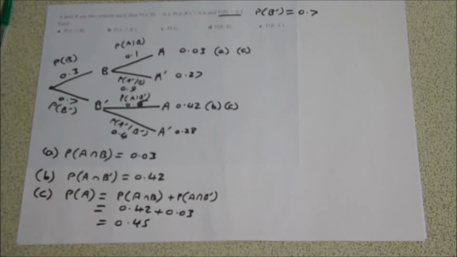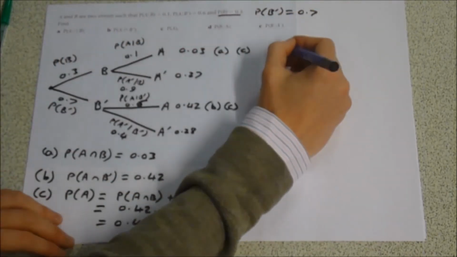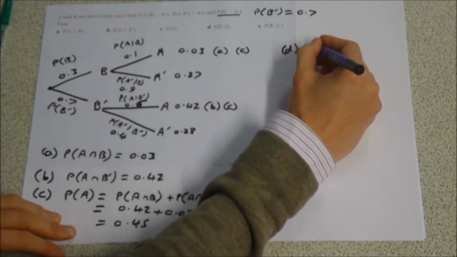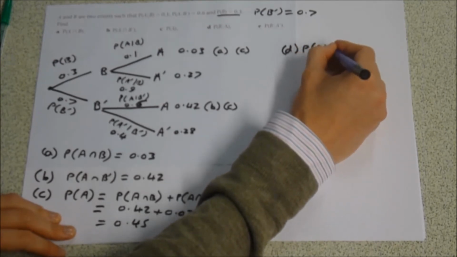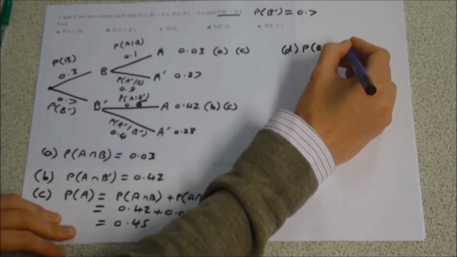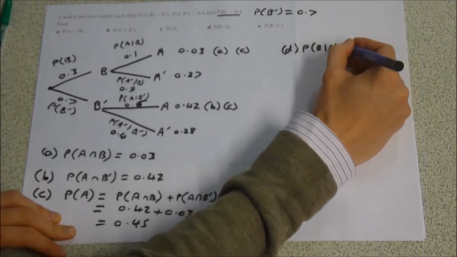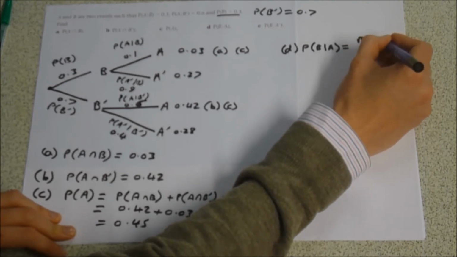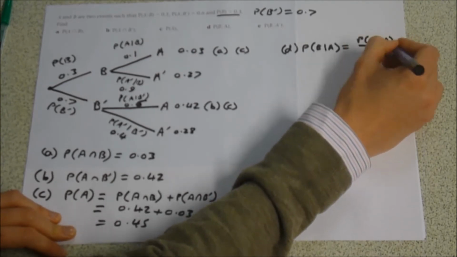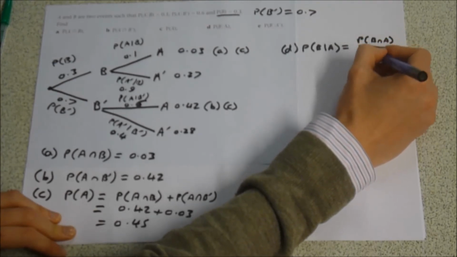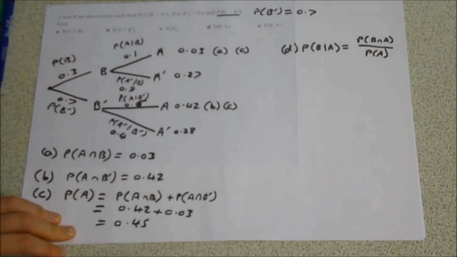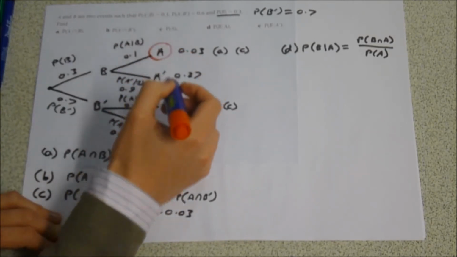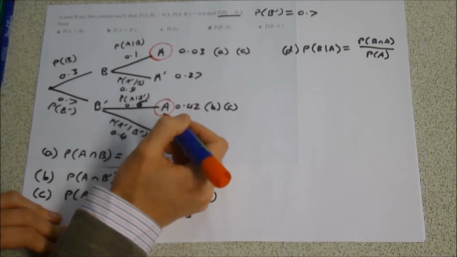Now we've got the probability in part D, where it asks us to find the probability of B occurring given that A has occurred. Well, if we think about this using our multiplication rule, this is the probability of B and A occurring divided by the probability of A. Now, in our diagram, we've shrunk it down to here. We know that A has occurred, so this is our only two options.